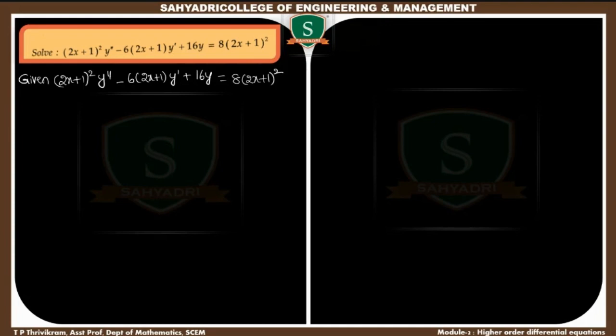Now what we need to do? First write this in operator notation. (2x plus 1) whole square into y double dash, you can write it as the coefficient of x, that means 2, with power 2, so 2 power 2 D into (D minus 1) y.